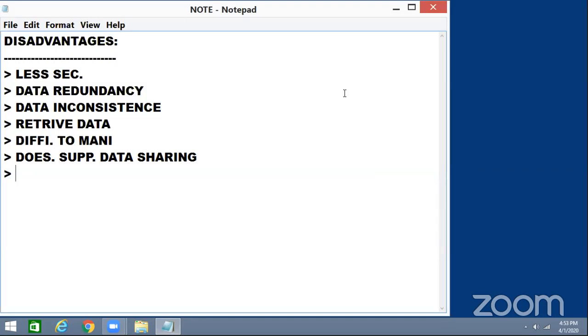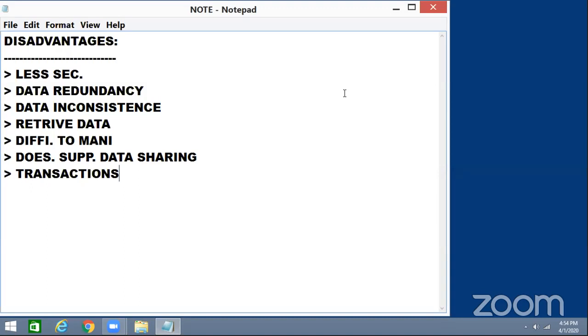Next, doesn't support transactions. These kinds of problems we face in flat files also.